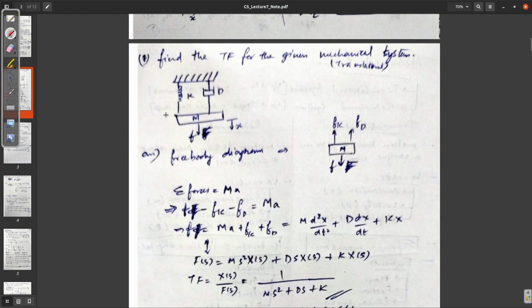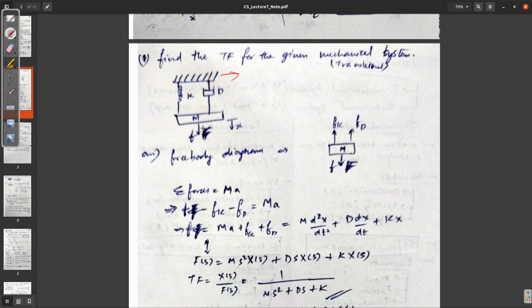Now let's see an example of what we mean. Here the question is, find the transfer function for the given mechanical system. Now this is a translational system. We have a fixed surface. Then we have a spring and a damper connecting a mass to the fixed surface.